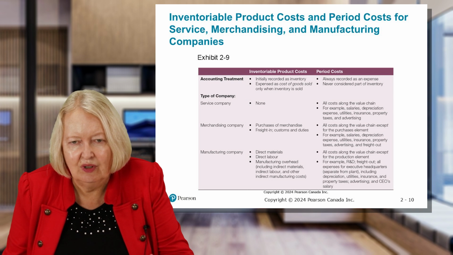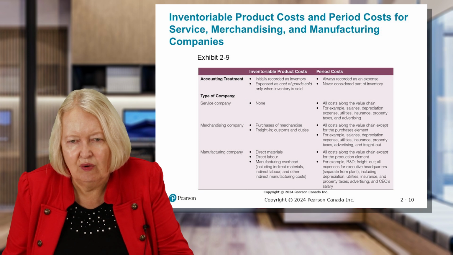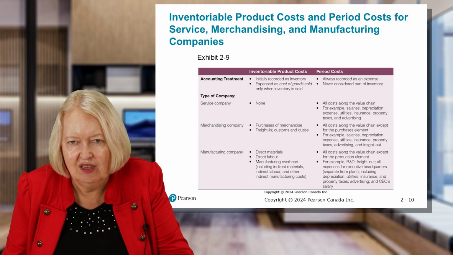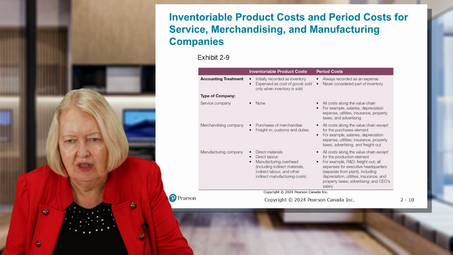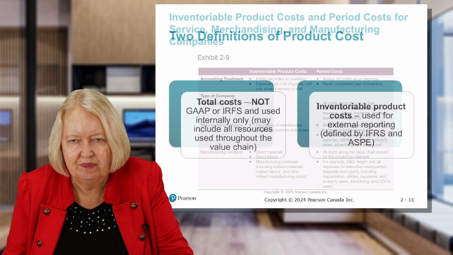So it's got your direct materials, your direct labor, and then your manufacturing overhead, which includes indirect material, indirect labor, such as the factory supervisor, etc. But manufacturing companies still also have some costs that are period costs. These costs occur all along the value chain. The cost of research and development, for example, would be a period cost.